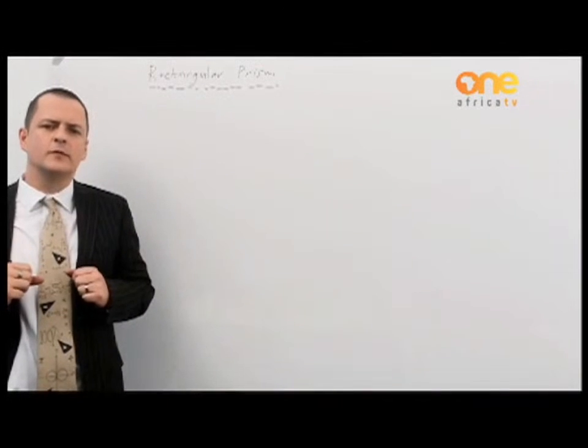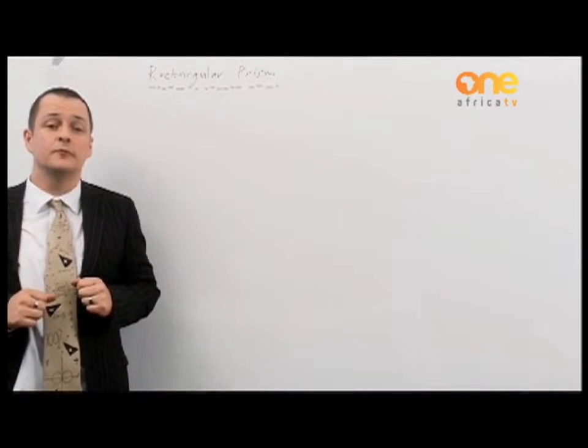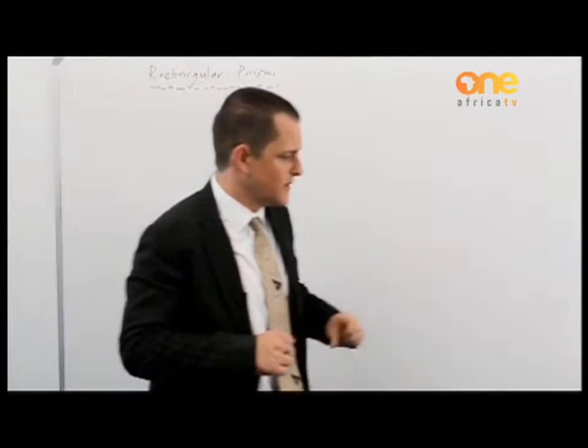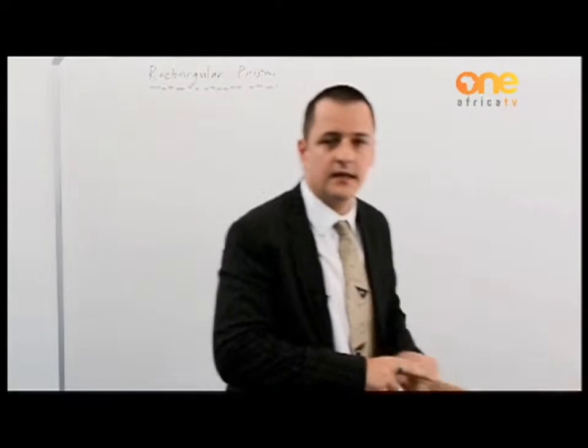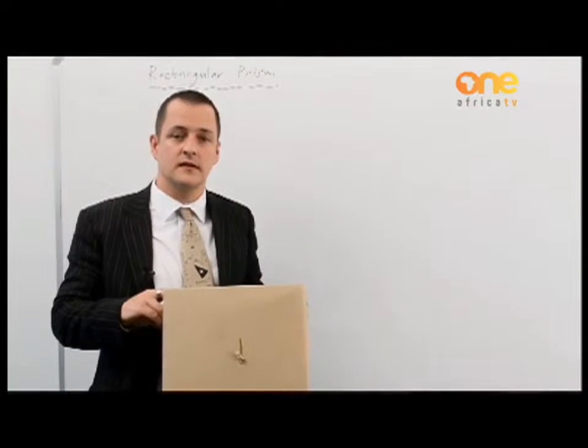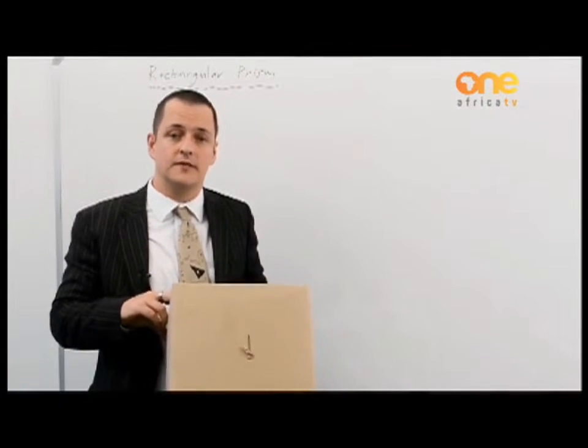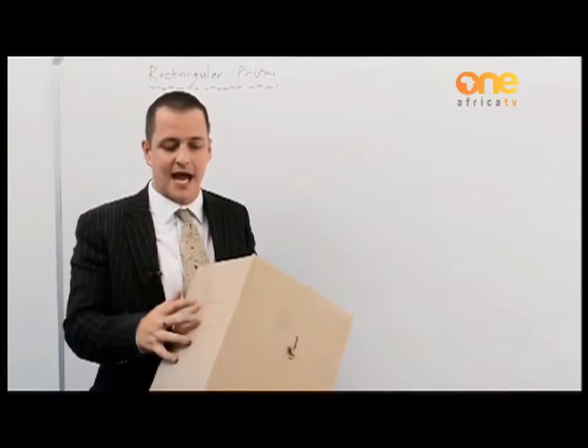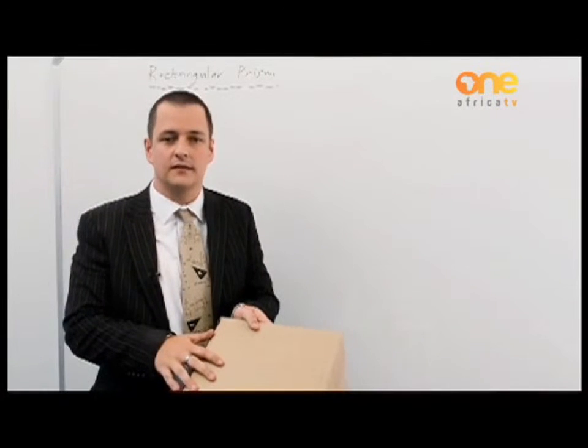Let us explore a little bit more about rectangular prisms. If we take an example like this cardboard box, this is a rectangular prism because our sides are rectangles.